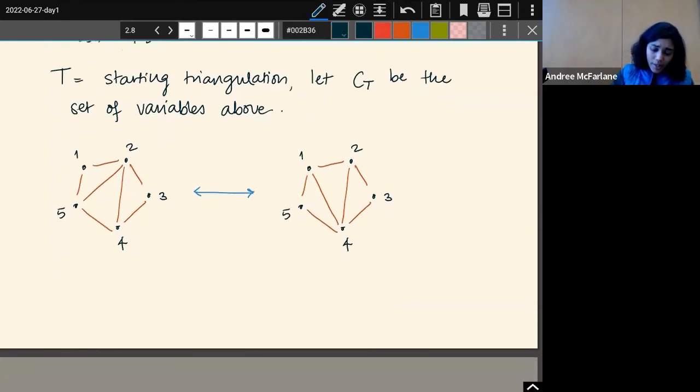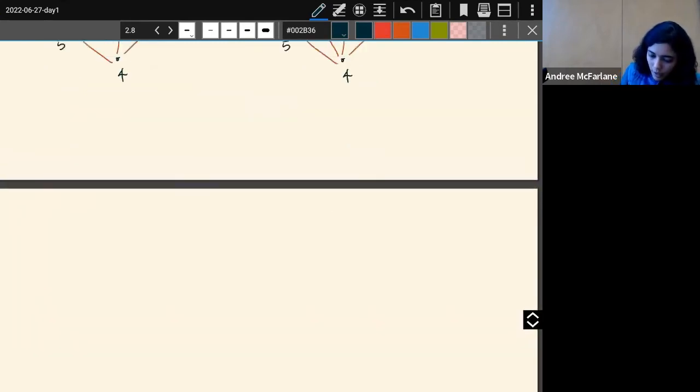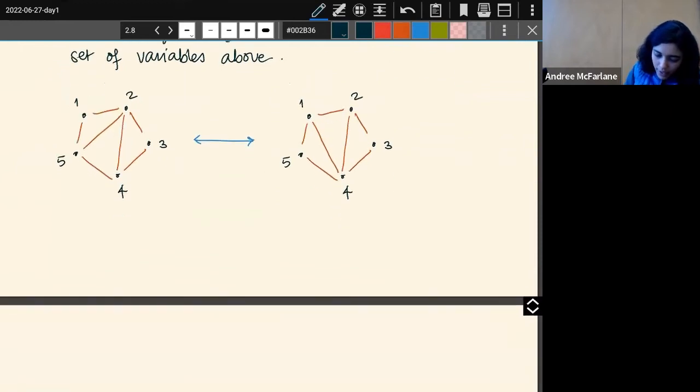Once again, remember, a flip means you have an internal edge which bounds two triangles. The triangles form a quadrilateral, and I'm taking one of the diagonals, removing it and replacing it with the other. So what I'm going to do is I have the set C_T as described above.